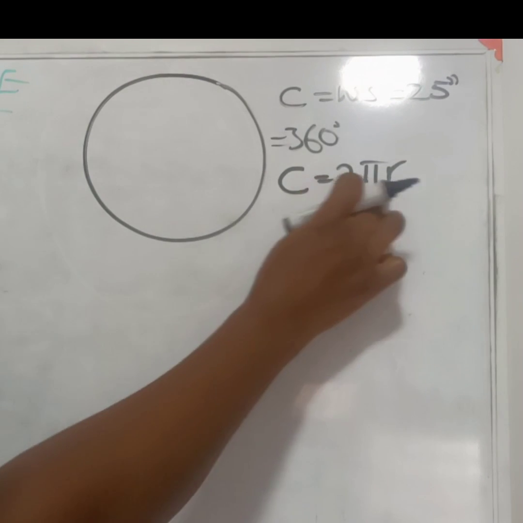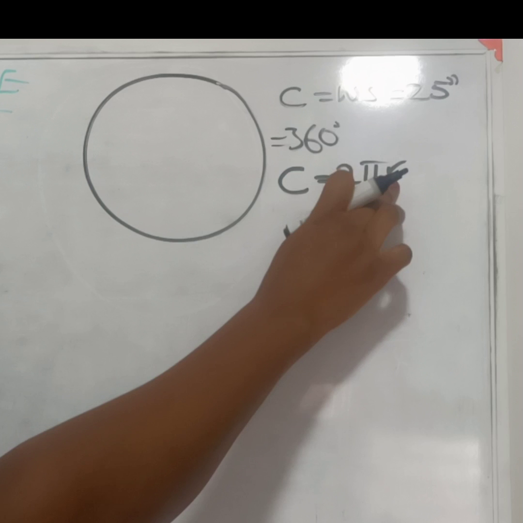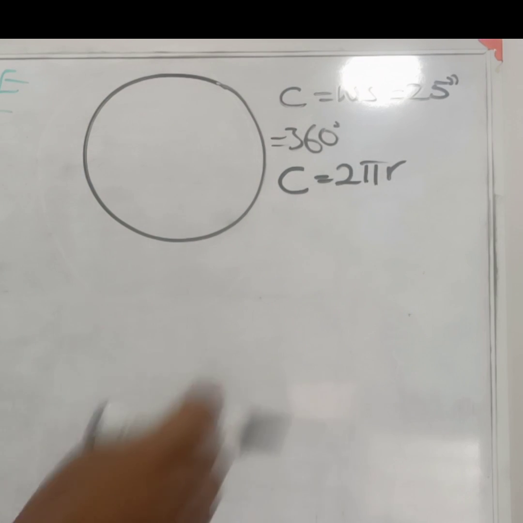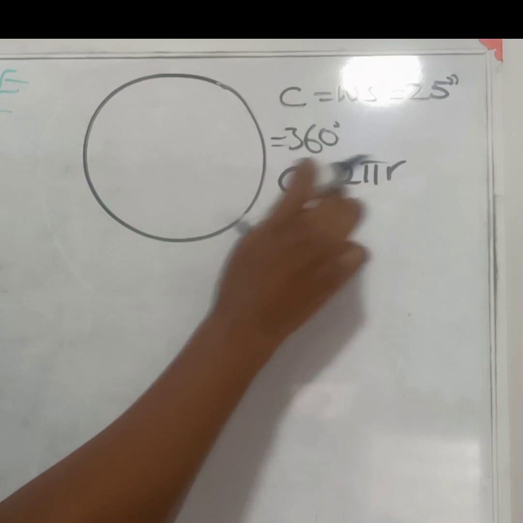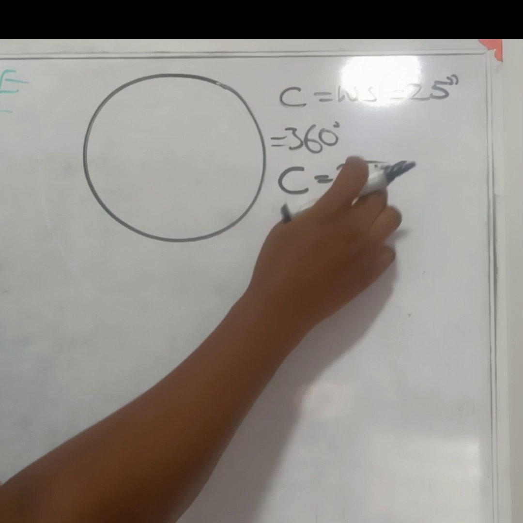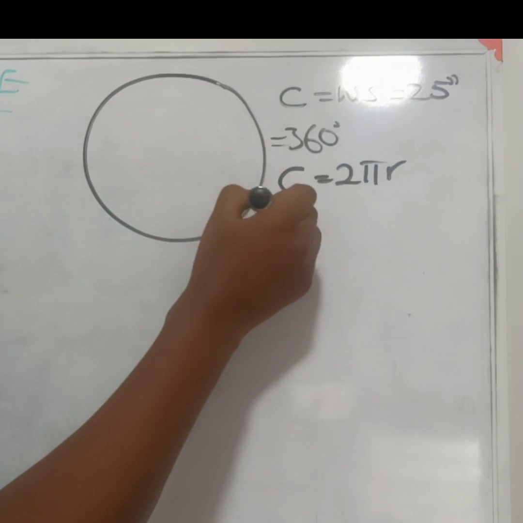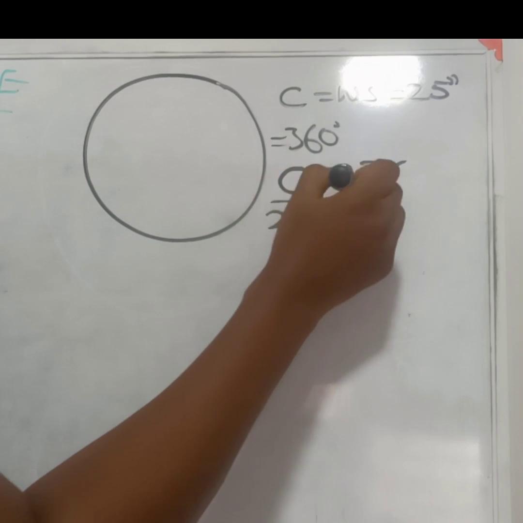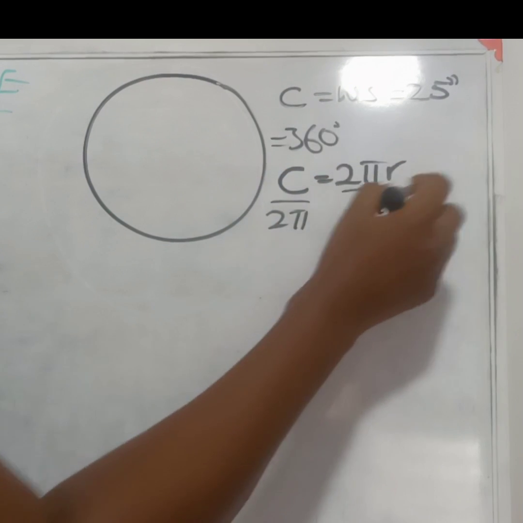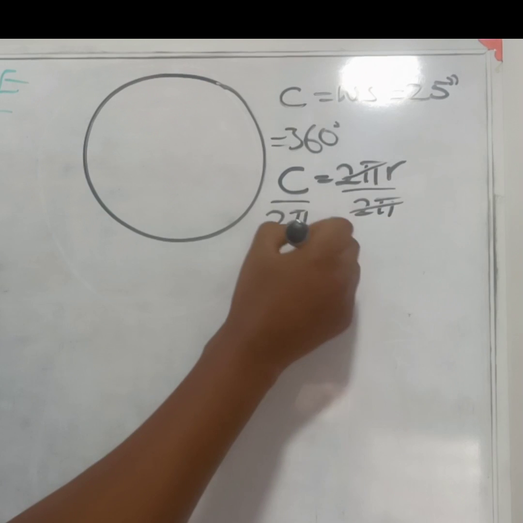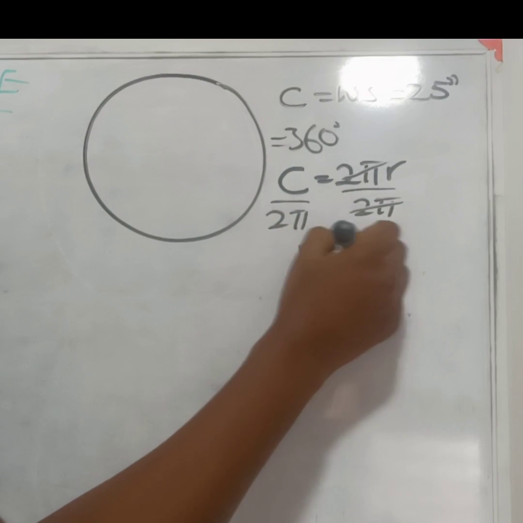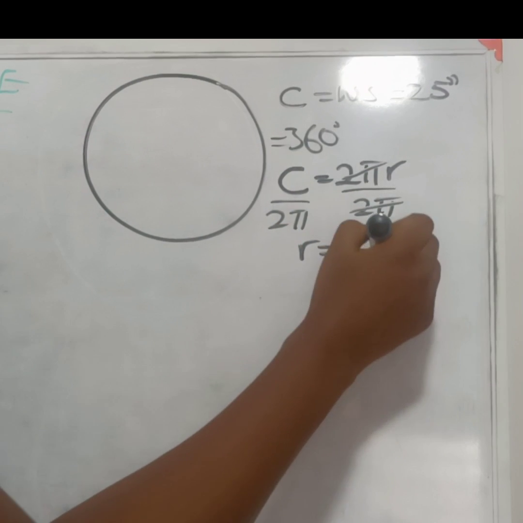So first of all, we'll make r the subject of the formula. To make r the subject of the formula, we divide both sides by 2 pi to make r alone. So if we divide both sides by 2 pi, this will cancel this, and r will be C over 2 pi.